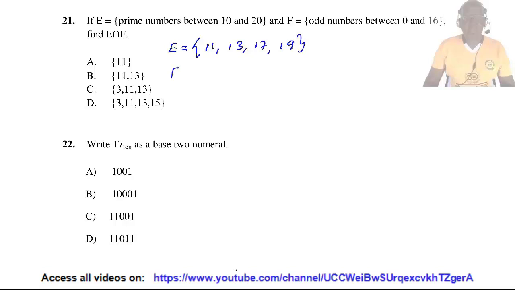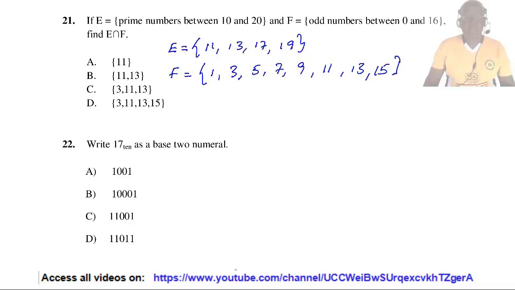Then F, which is odd numbers between 0 and 16, is going to be 1, 3, 5, 7, 9, 11, 13, and then 15.